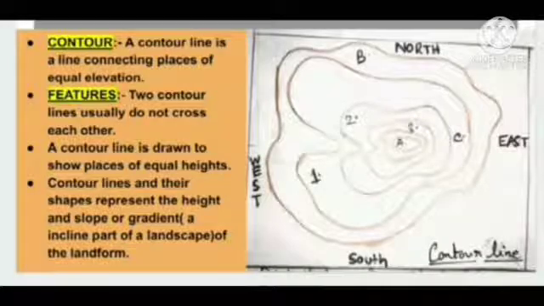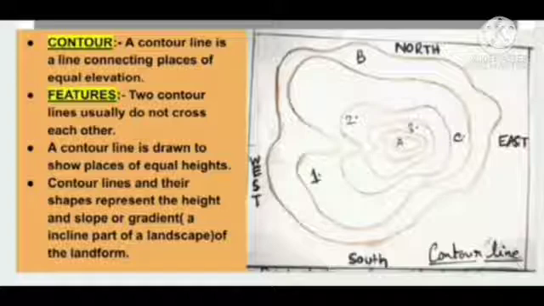What are contour lines? A contour line is a line connecting places of equal elevation. Important features are: first, two contour lines usually do not cross each other. Point number 2.